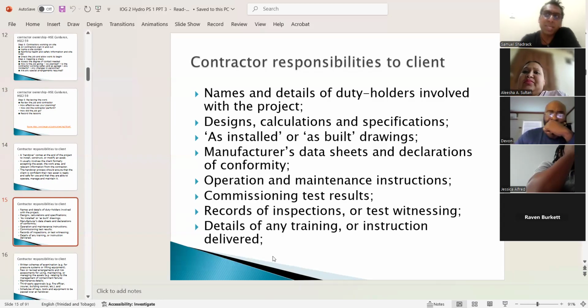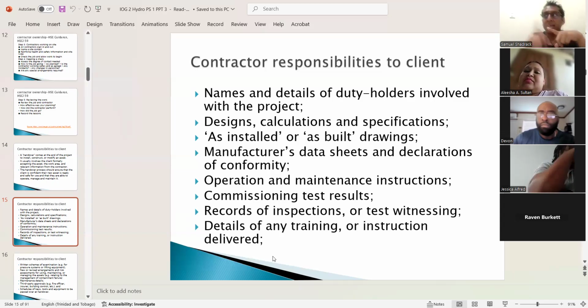Contractor responsibilities to clients. This would be something that could have been installed if it was something being constructed. We could think of maybe the base of a tank. Or if it was something being fabricated, the names of duty holders involved in the project, any design calculations and specifications, anything the contractor has should be given back to the client.